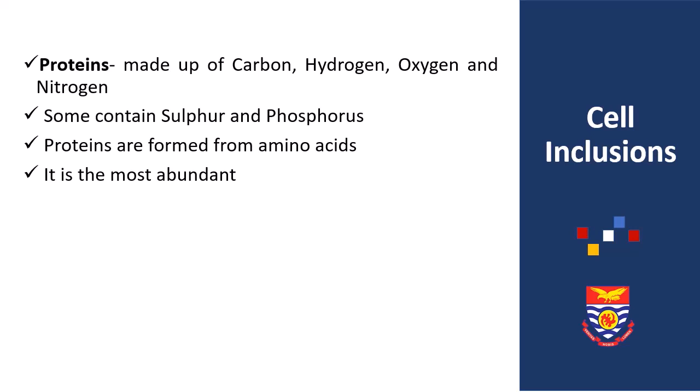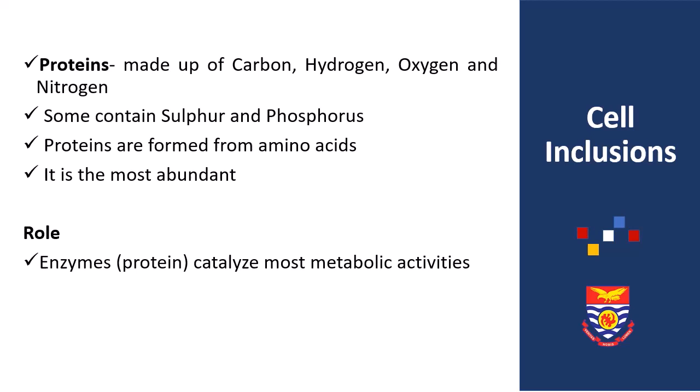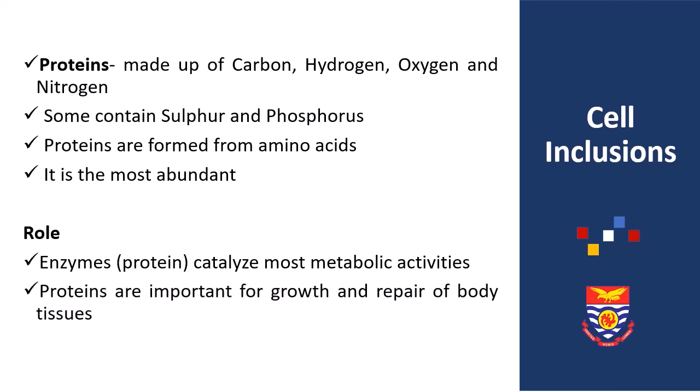So the function of proteins is that some proteins are enzymes and they catalyze most metabolic activities in the cell. They also are used for growth and repair of body tissues, and they also provide protective function.